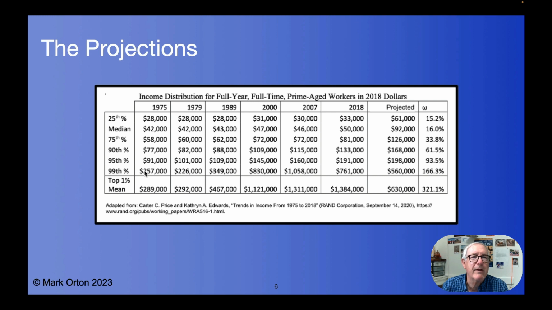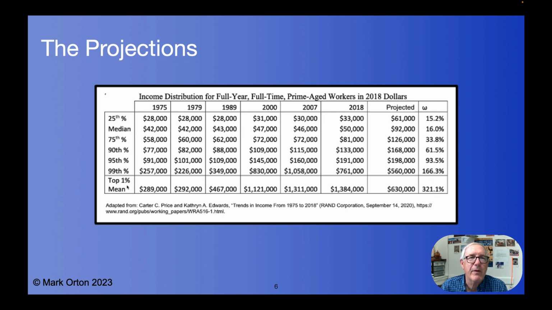So you take a look at the 99th percentile, and their income grew from 257,000 in 1975 to 761,000 in 2018. But if their income had followed the trends of 48 to 79, it would have only been $560,000. So they got a much larger share, 166%.